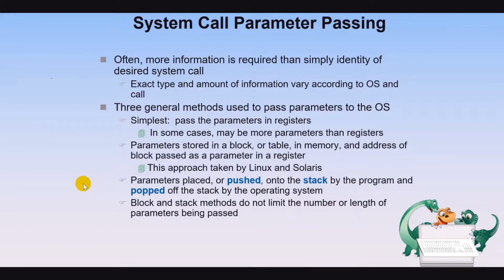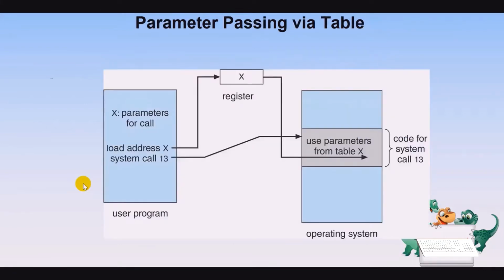This approach is taken by Linux and Solaris. Parameters can also be pushed onto the stack by the program and popped off the stack by the operating system. We'll be covering this in later chapters and discussions. Block and stack methods do not limit the number or length of parameters being passed.